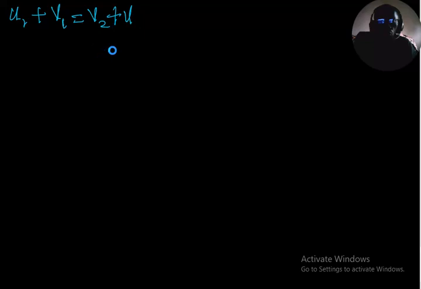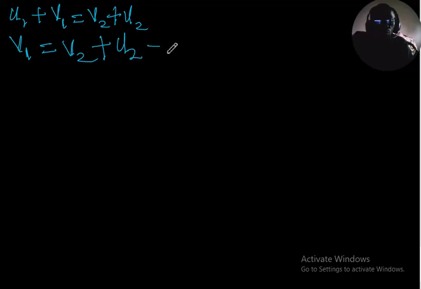That will give me another equation, which will be equation 4. So let's make v1 the subject. v1 will now be equal to v2 plus u2, then u1 is coming over, minus u1. Call this equation 4.